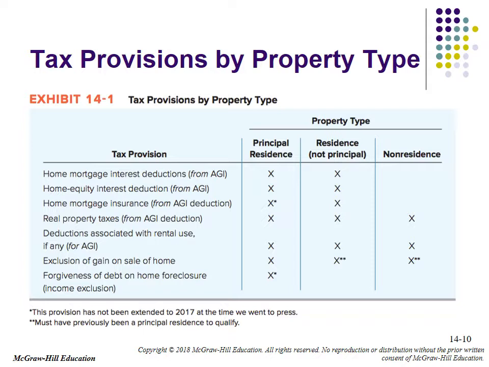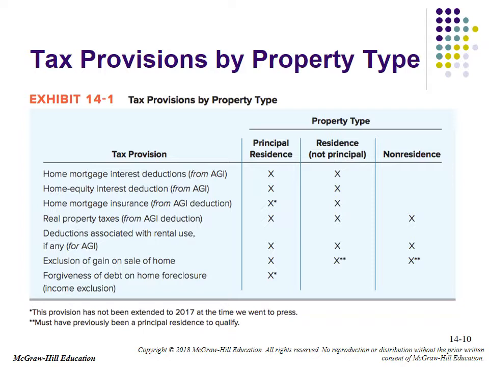So what kind of tax provisions are there? I'm recording this the day the House Ways and Means is going to be announcing the new tax law, so this could all change. But as of right now, for a principal residence you have home mortgage interest, home equity loan interest, and home mortgage insurance, PMI.